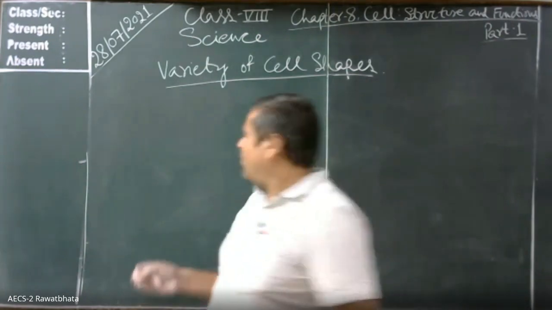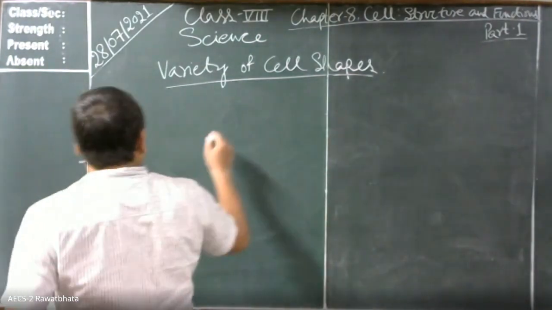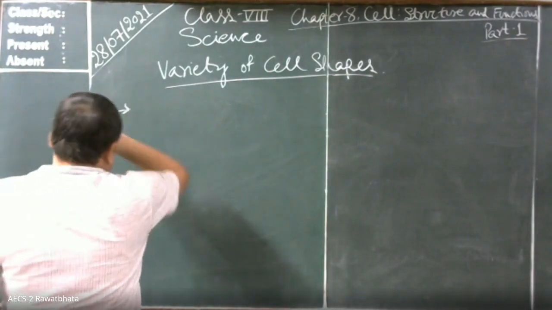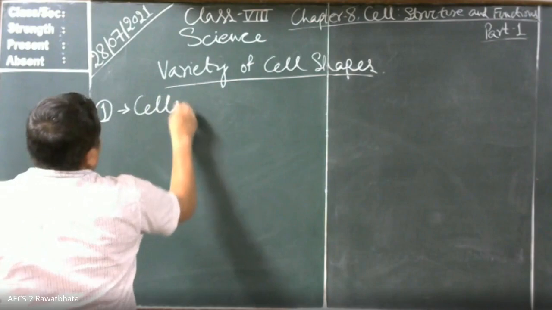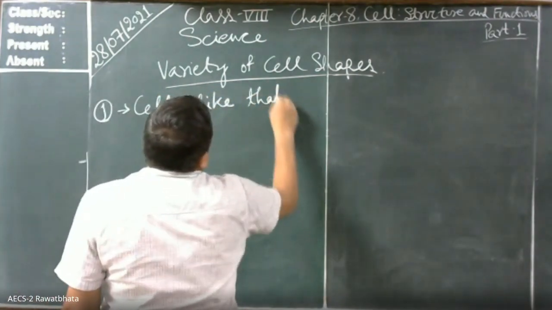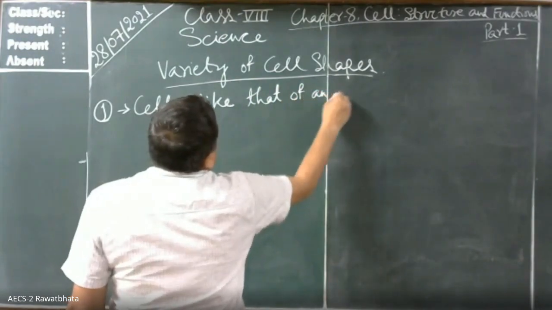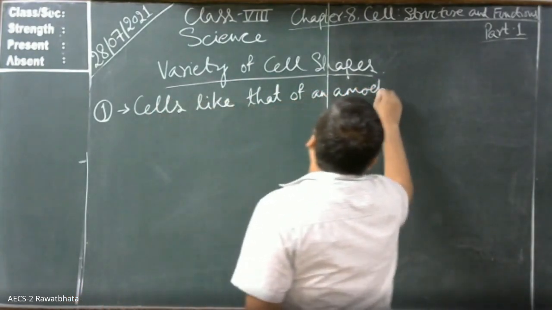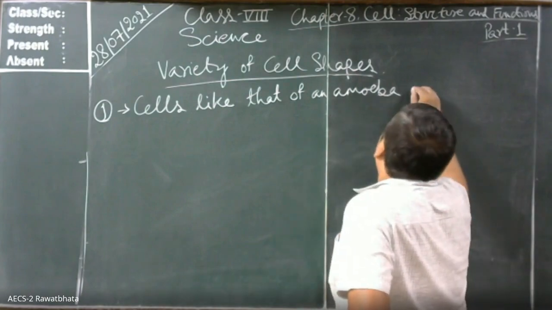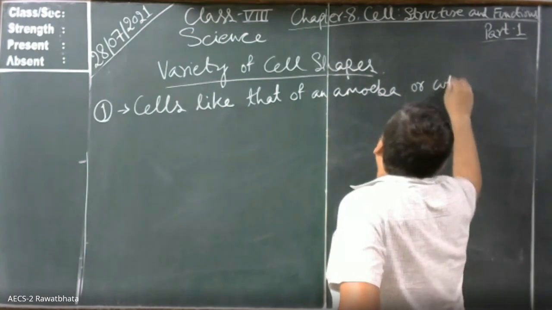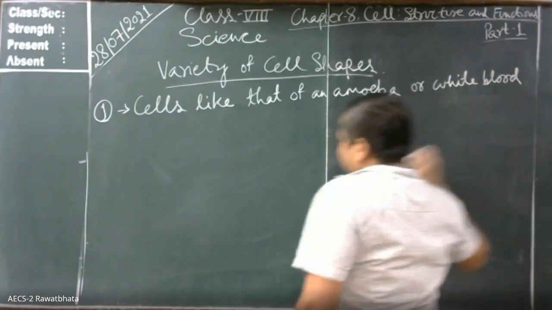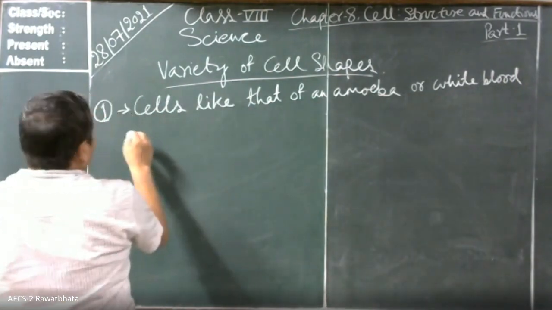Okay, now let us write first. Cells like that of an amoeba or white blood cell. We have already discussed that amoeba is a single cell. White blood cell means WBC.